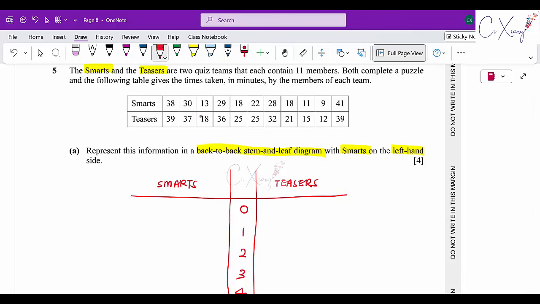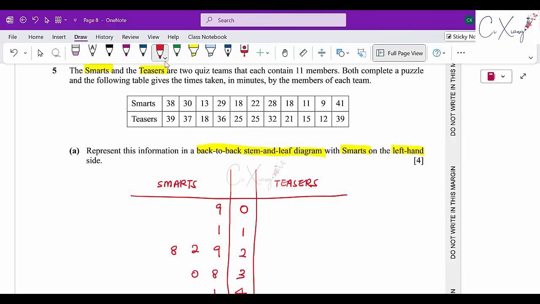As an example, for SMART, I'm having 8, then 3, 8, so that means you should put an 8 here, then 3, 0, 0 here, 1, 3, 3 here, 2, 9, this is the 9, 1, 8, then 2, 2, 2, 8, 1, 8, 1, 1, 9 means 0, 9, for 41 means you put a 1 beside the 4. Then all your leaves here, this part we call leaf, you have to make sure that you rearrange them from smallest to the largest number. The smallest number should always be closer to the stem.